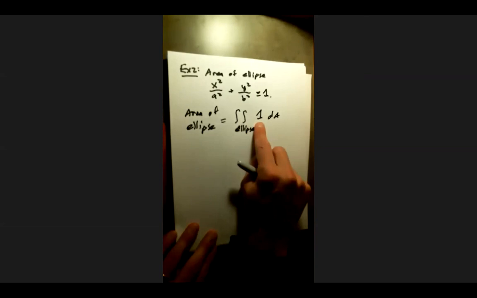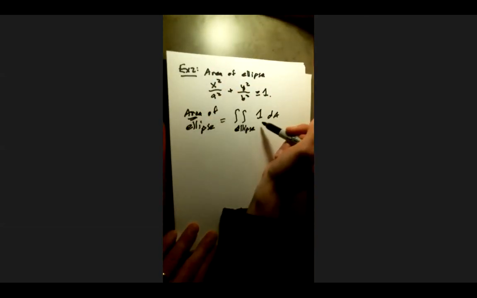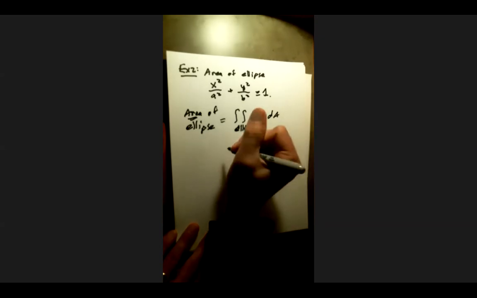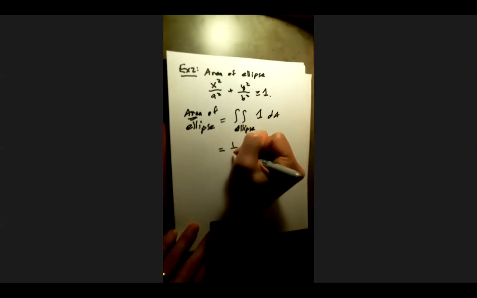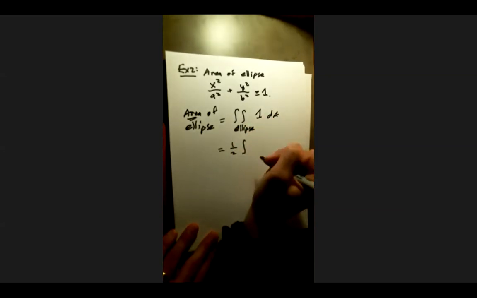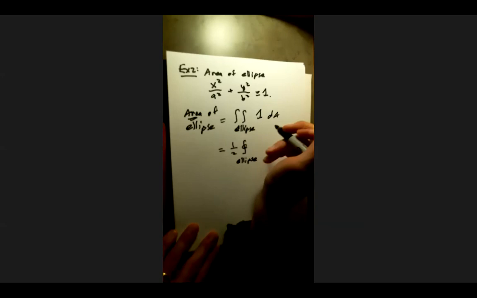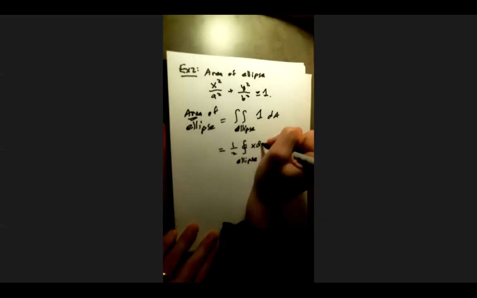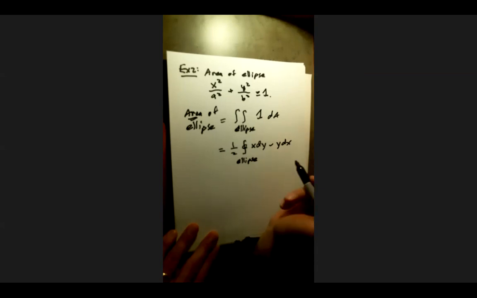Because we're looking for area, and so a double integral with an integrand of 1 would give you area. Good call. And so by Green's theorem, this would be equal to 1/2 the line integral around the ellipse, instead of across the body of it, of x dy minus y dx.